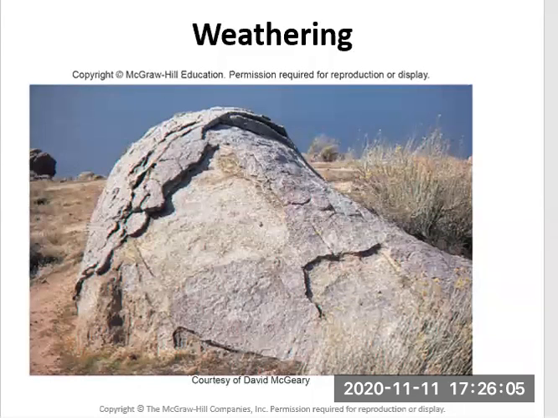Let's now talk about weathering. Most crystalline rocks are extremely hard and durable, but exposure to air, water, changing temperature, and reactive chemical agents slowly breaks them down. This process is called weathering. Mechanical weathering is the physical breakup of rocks into smaller particles without a change in their chemical composition.